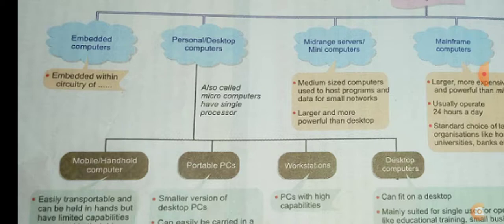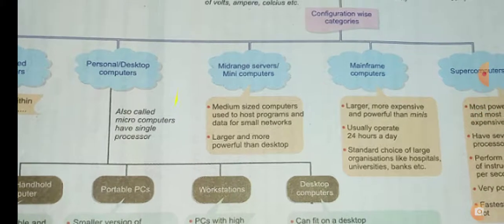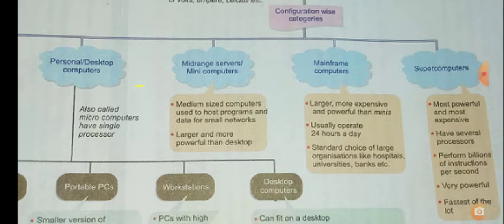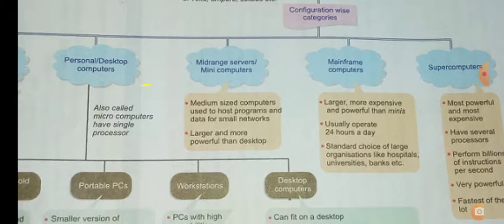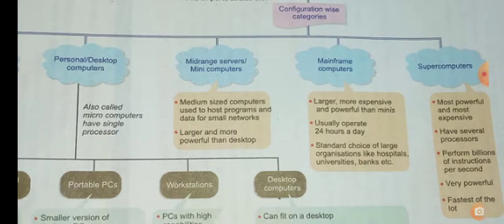Next is desktop computer. This is the most common type of personal computer, and it can fit on a desktop, so it is called a desktop computer. Then mini computer, mainframe computer, and supercomputer. Among these, mini computers are the smallest in size compared to the others, and their processing speed is also less than mainframe computers and supercomputers.